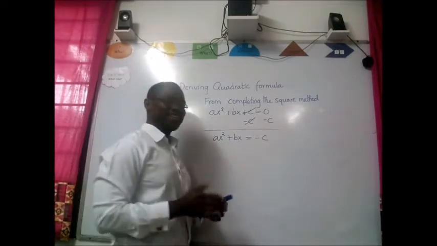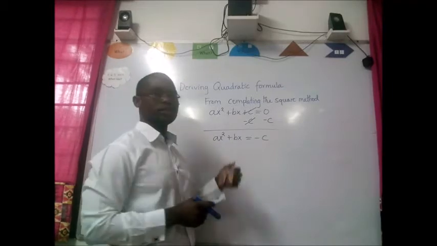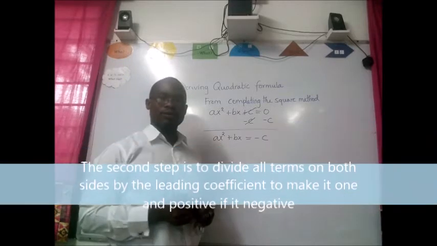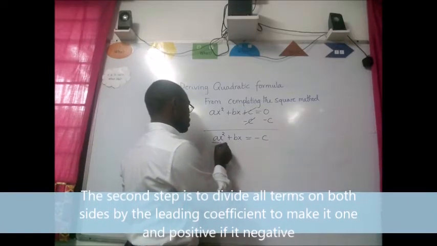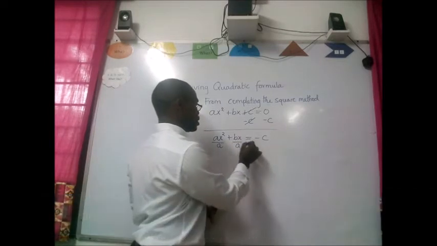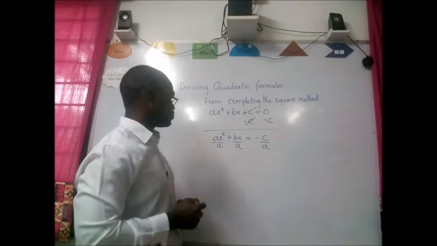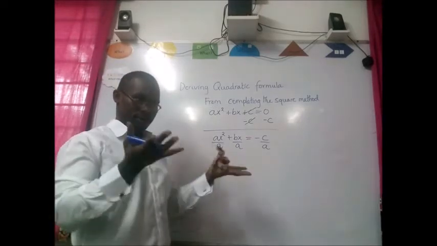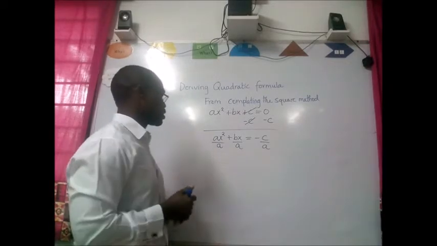The next step: the leading coefficient should be 1 and positive. So we divide by a on both sides, in all terms, so that we have a balanced equation, because whatever you do on this side, you should do on the other side.